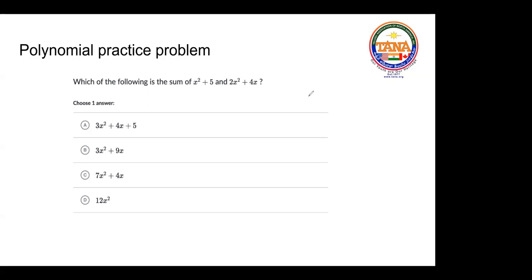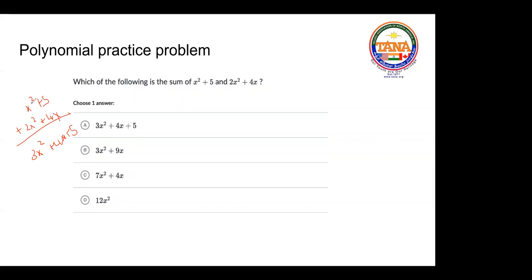All right, I guess I'll start doing it now. So you want the sum of these 2 expressions. An easy way of doing this is to write x squared plus 5 plus 2x squared plus 4x. So you combine like terms, x squared and 2x squared, and you have 3x squared plus 4x because there's no other x, plus 5.